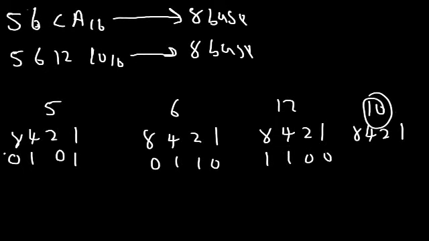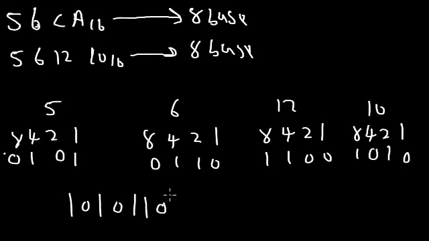What about 10? That's 8 and 2. So 8 and 2 add up to 10. 1, 0, 1, 0. So we just combine everything. So I will ignore this 0 without writing it, since our answer can never start from 0. So this is our final answer in base 2.